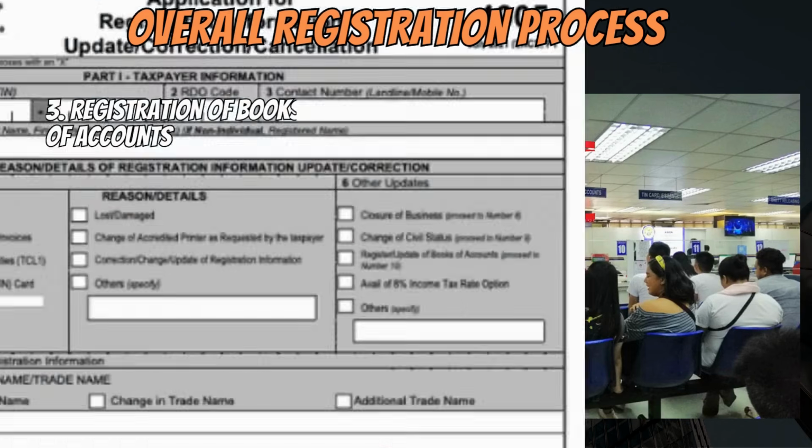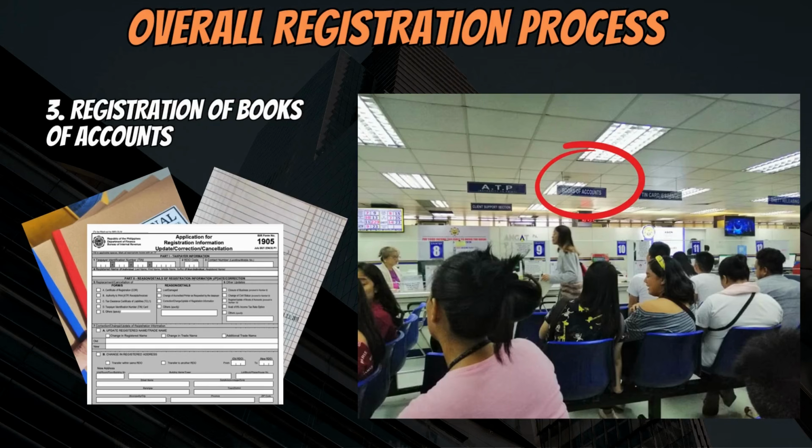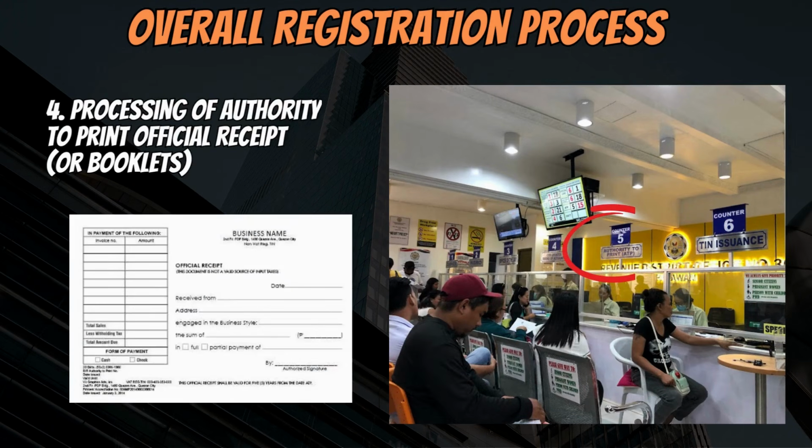Once paid, the BIR officer will ask you to submit the 1905 and the columnar books of accounts to the specific officer handling the books registration. While waiting for the books of accounts to be stamped, you will then be assigned to the officer handling the authority to print, and you will be providing information on the accredited printer.